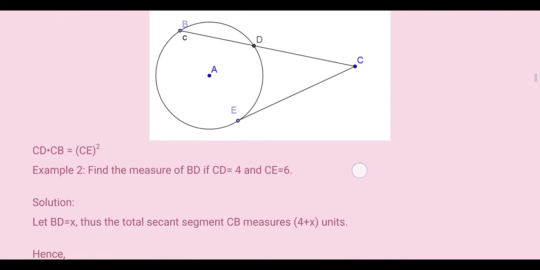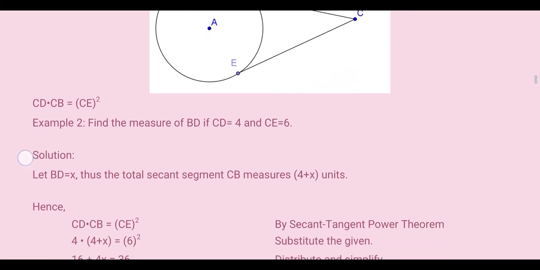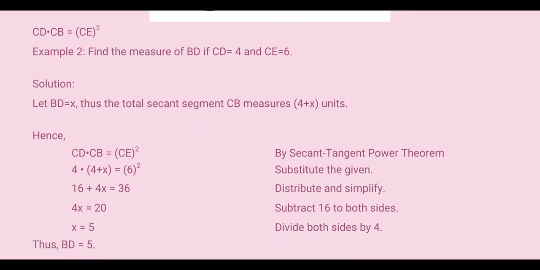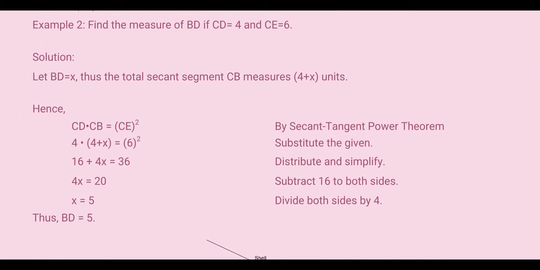So our solution is, since we're looking for BD, let x be the measure of BD. Thus the total secant segment CB measures 4 plus x, because the external secant segment measures 4 units and BD measures x. Hence we will have this equation: CD times CB is equal to CE squared.